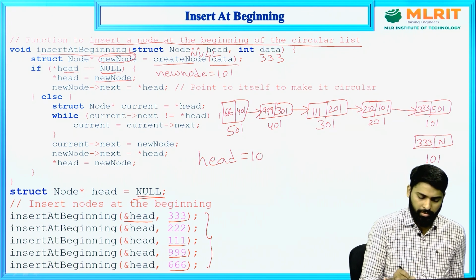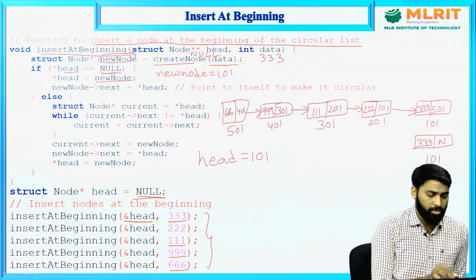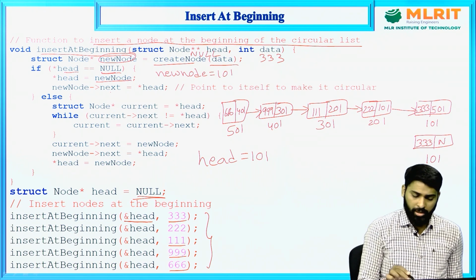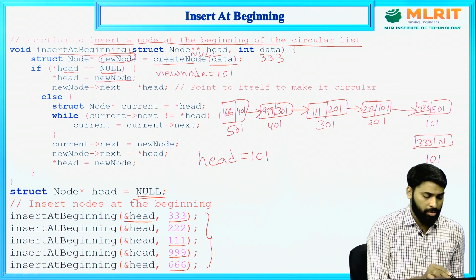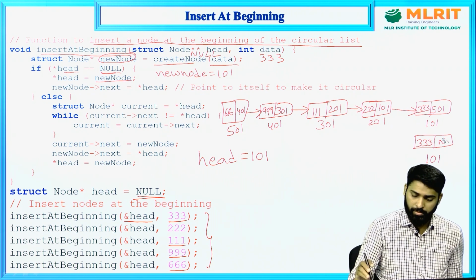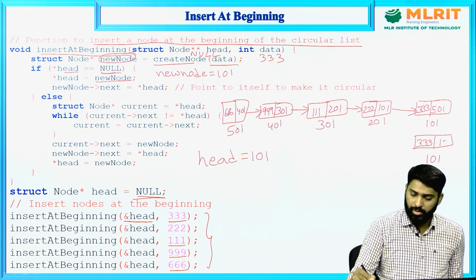Now what is the head? 101. After that, new node arrow next. 101 is the new node here. So new node arrow next, that is this place, equals head. What is the head? 101.